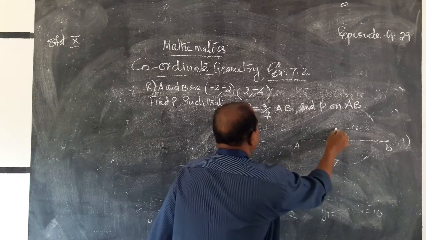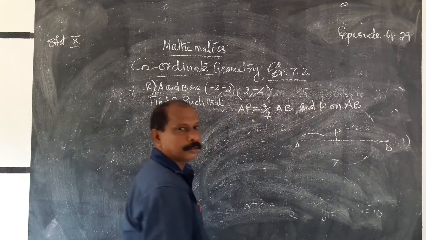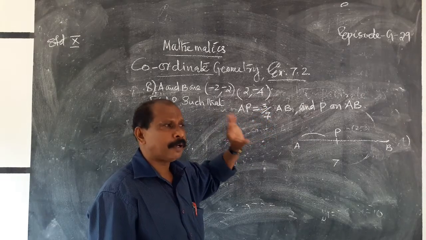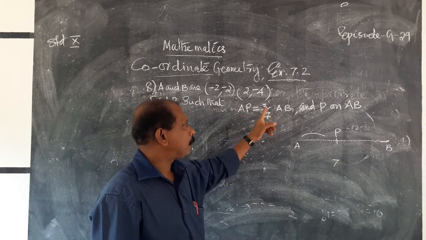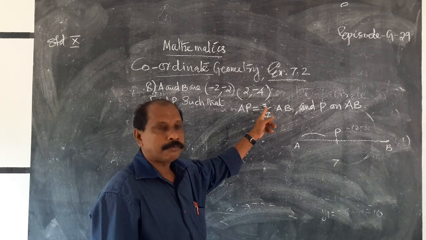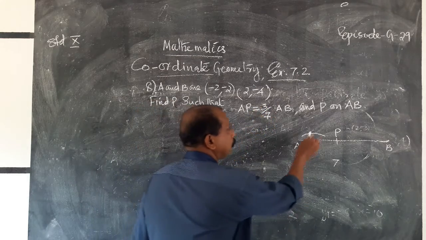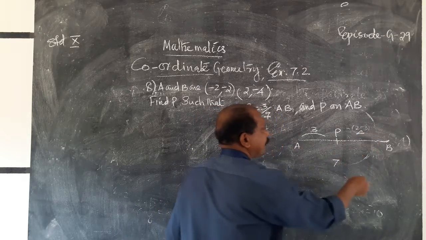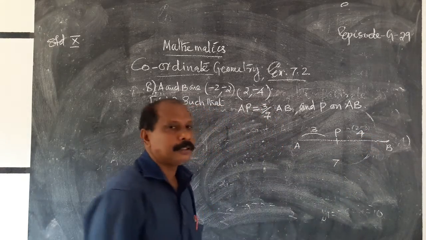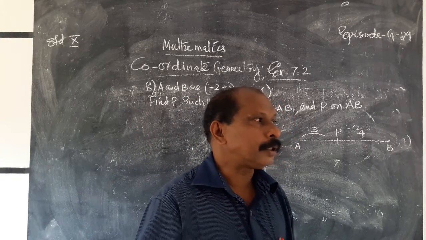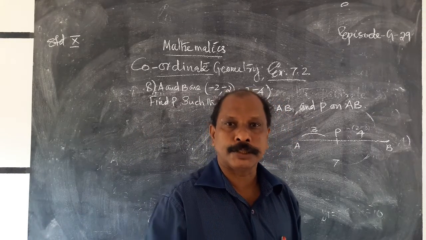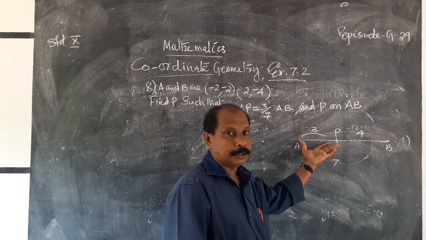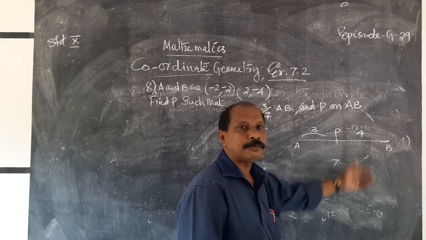AP is what length? 3 parts of 7. 3 by 7 means there are 7 parts, and out of 7 parts, 3 is the first part. Then what is 7 minus 3? 4. Therefore, 3 by 7 is the first ratio and 7 minus 3, 4 by 7, is the second ratio. Therefore, the ratio of AP is 3 and BP is equal to 4.